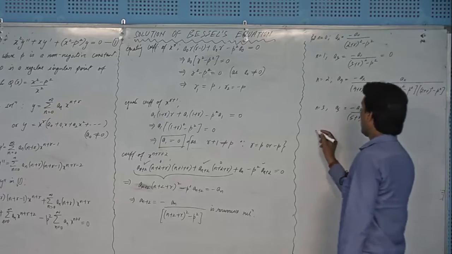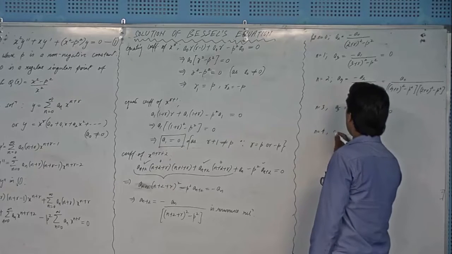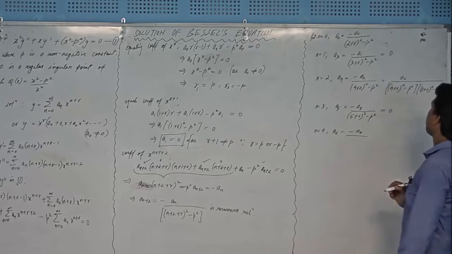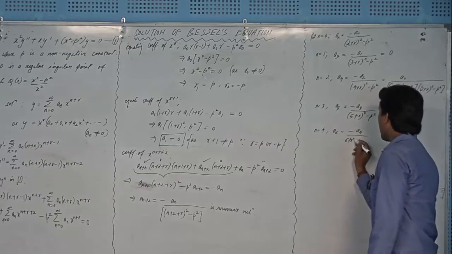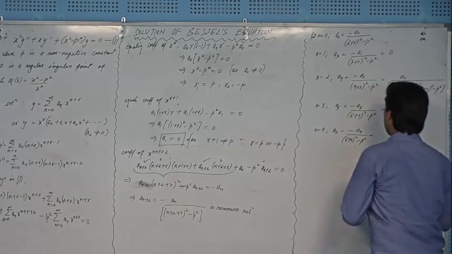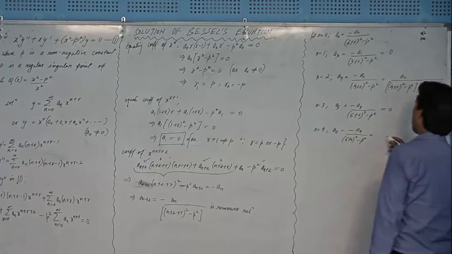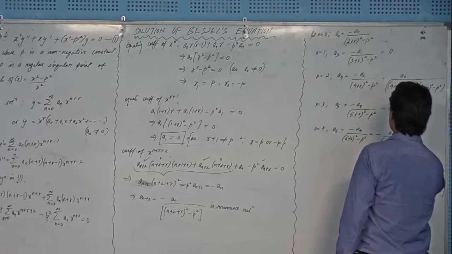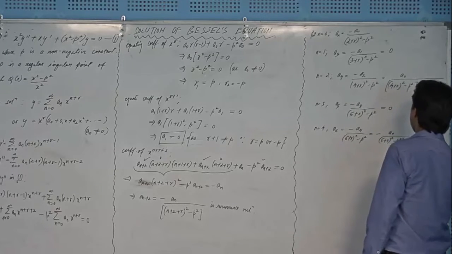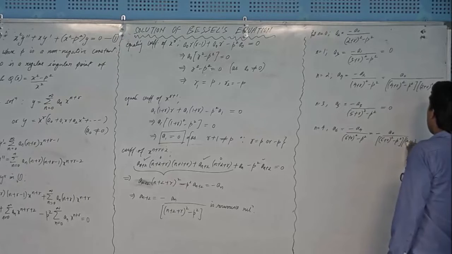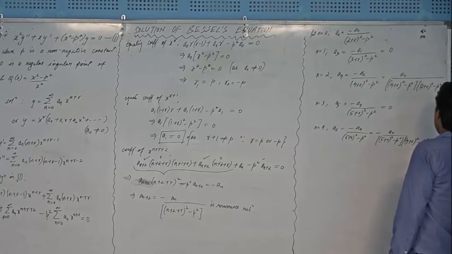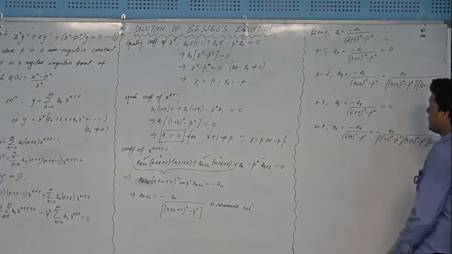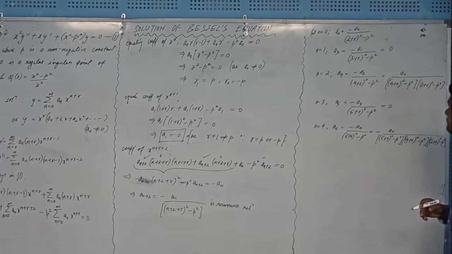And last, n equal to 4, a6 equals minus a4 divided by (6+r) whole square minus p square, and using the value of a4, I think that will be negative: minus a0 divided by (6+r) whole square minus p square multiplied by (4+r) whole square minus p square, further multiplied by (2+r) whole square minus p square. So six coefficients are sufficient.